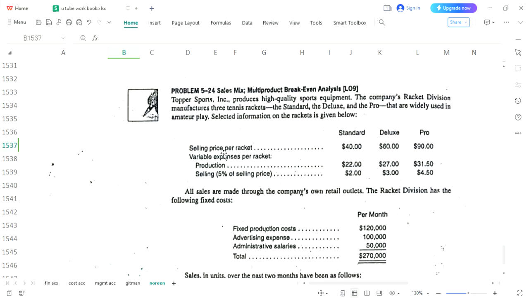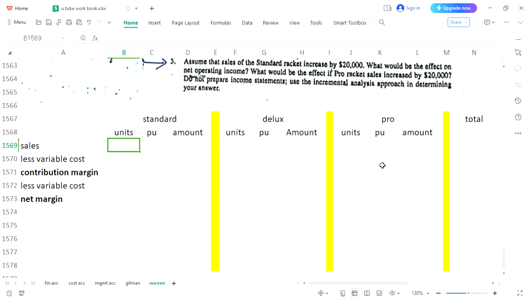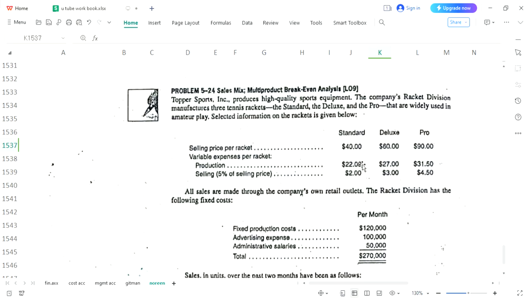The first element which has been discussed is the sale price: for standard 40, 60 and 90. So we can write selling price 40, then 60, and finally 90 is the selling price. 40, 60, 90. Here 40, 60, 90, double check.